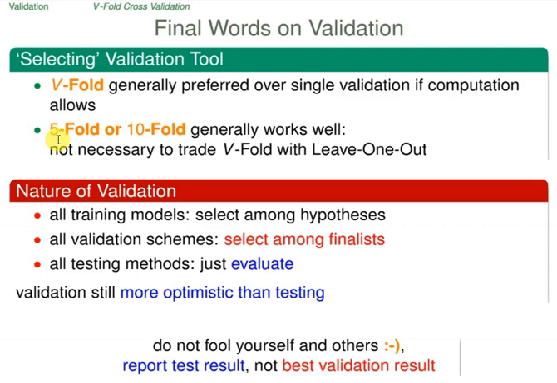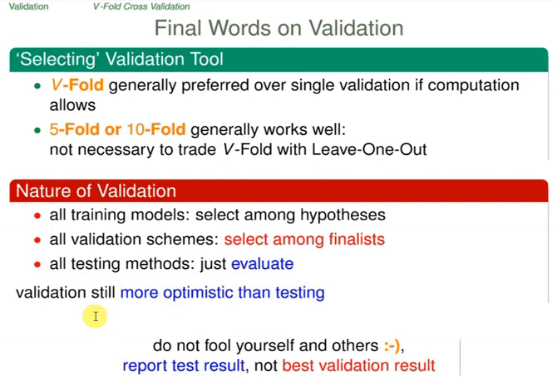And validation itself applies, for example, when we have all training models and you can select among different hypotheses. If you have all validation schemes using the validation tools, you can select among the hypothesis finalists. And if you have all testing methods available, then you can use validation to evaluate.